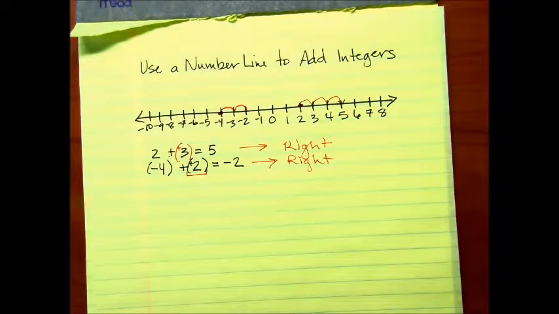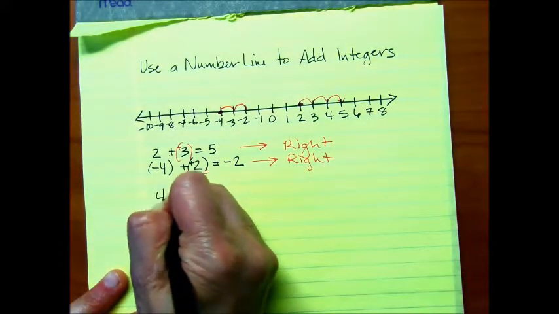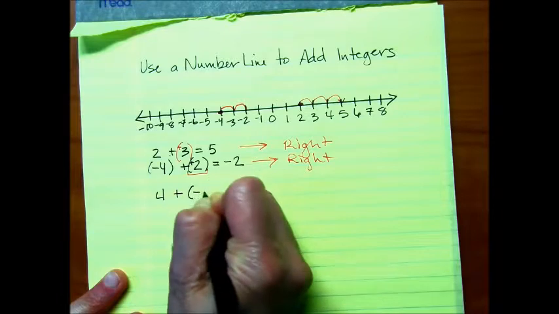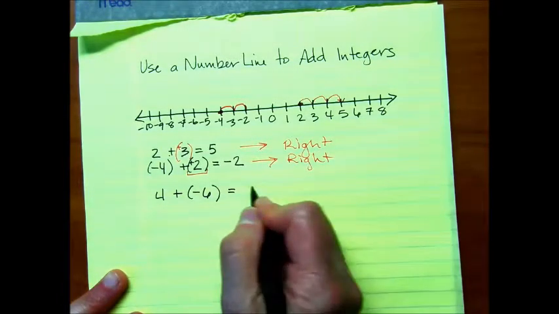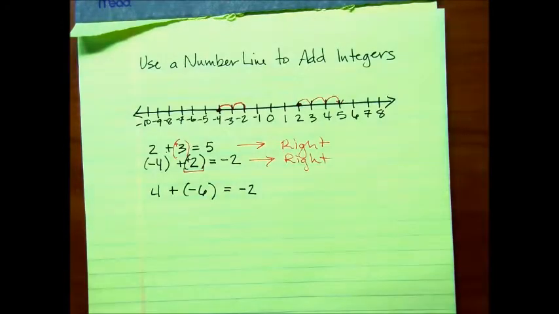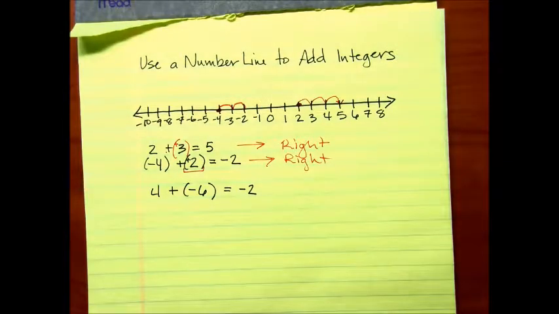Let's look at some problems in which we're going to be moving to the left. If I have a positive 4 and I'm going to add to that a negative 6, well, I know my answer is going to be a negative 2. But let's go ahead and represent that on the number line.